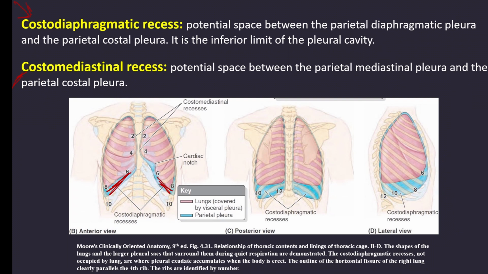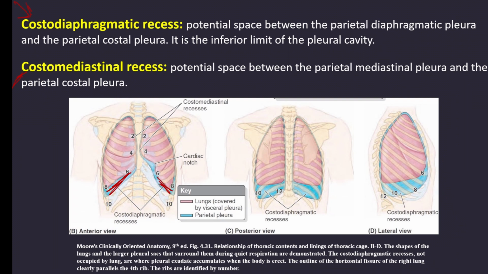It is, as a matter of fact, the most inferior part of the pleural cavity, which tells you that if you have fluid, pathological of course, that accumulates in the pleural cavity and makes it a real space, which is badness, that's in pathology, the fluid will accumulate in that costodiaphragmatic recess in a standing patient simply by gravity.